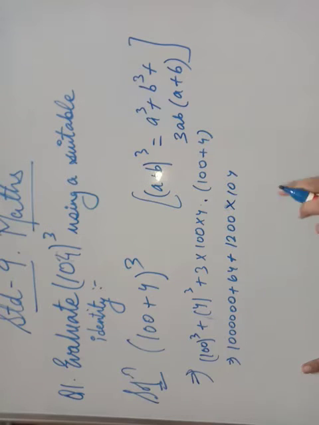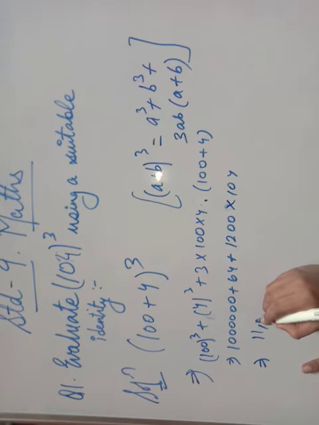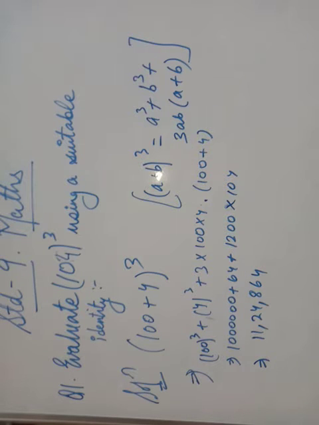So after the multiplication and addition, we will get the answer as 11,24,864. This type of question is very important, in which you are given a number whose square or cube is asked, and you are asked to evaluate it with the help of a suitable identity.